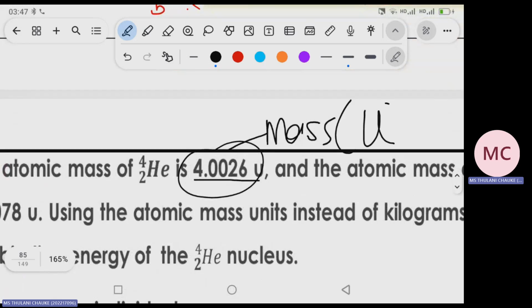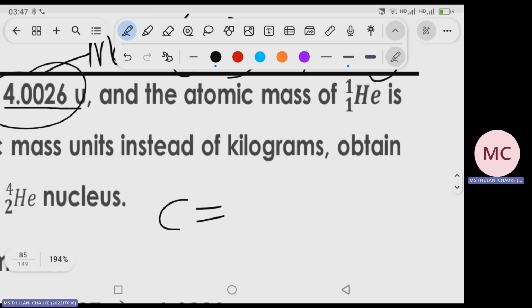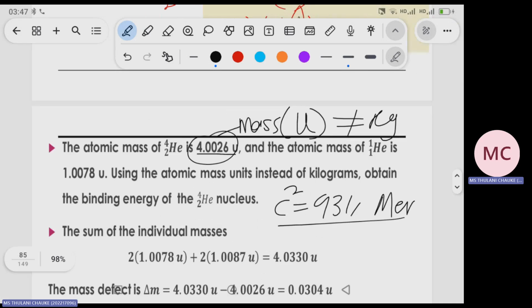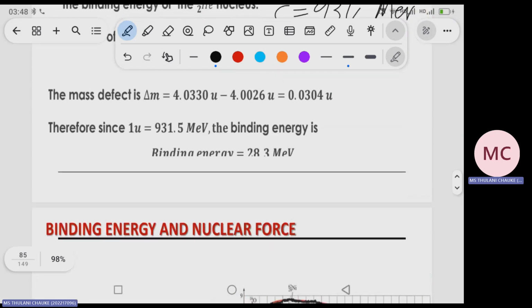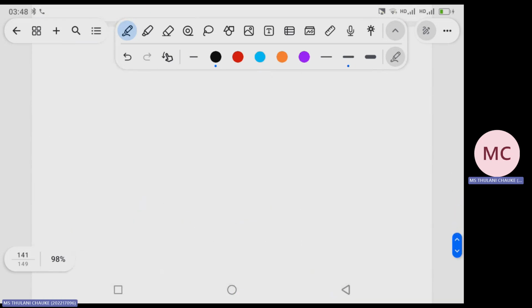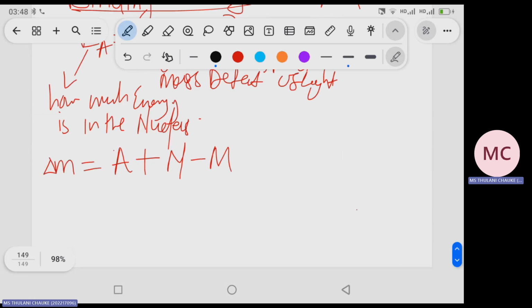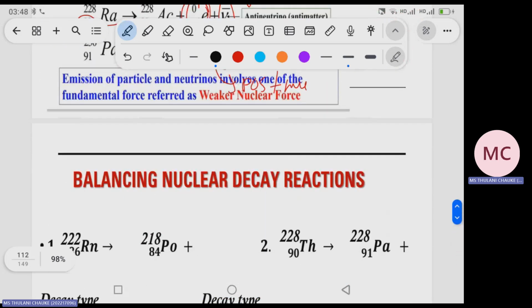If the unit is U and not kg, then you're going to use your c squared as 931 point something MeV. And so that's all about nuclear physics.